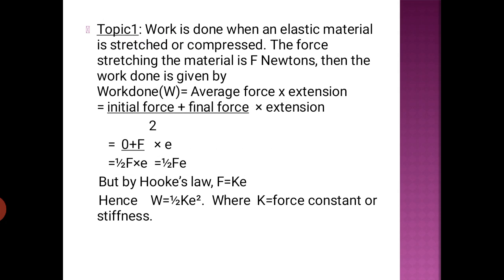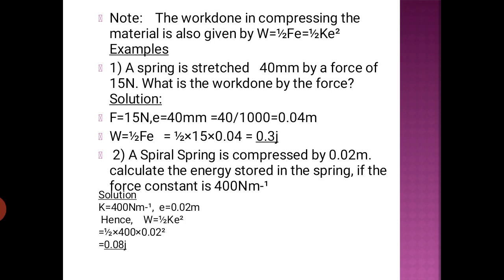You remember all these ones where I'm coming from, Hooke's law. Note, the work done in compressing the material is also given by W equals half FE equals half KE squared.